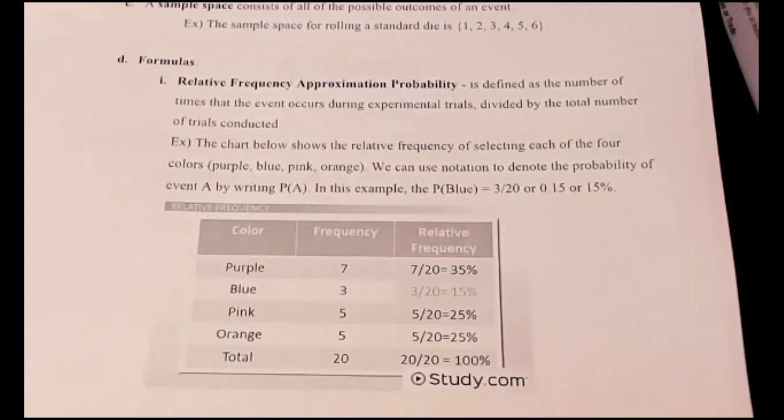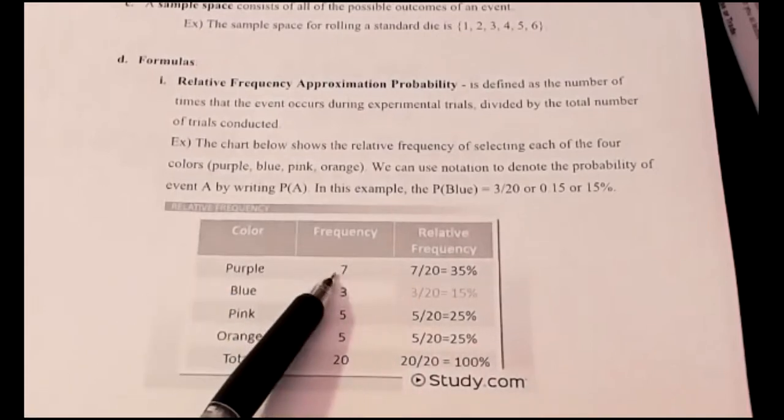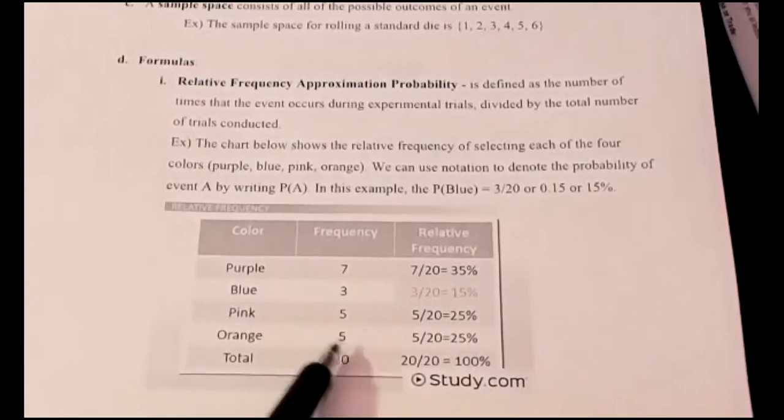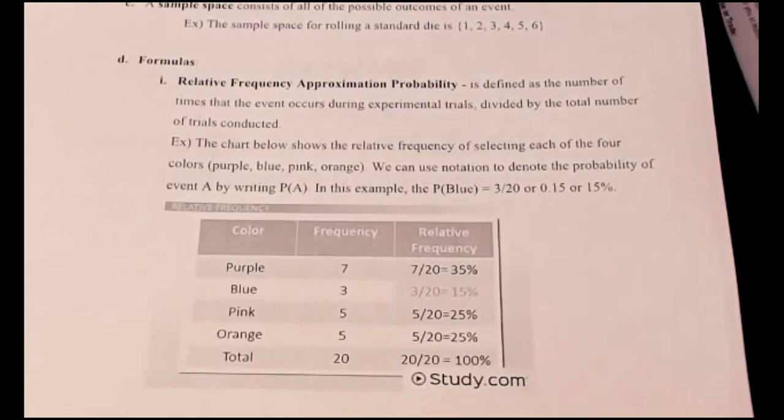That's a super fancy way of saying, take a look at the experiment that you've conducted. You've shown that 7 outcomes were purple, 3 outcomes were blue, 5 outcomes were pink, and 5 outcomes were orange, right? We're looking at just an example experiment that we conducted. Then we noticed that there were 20 total outcomes.